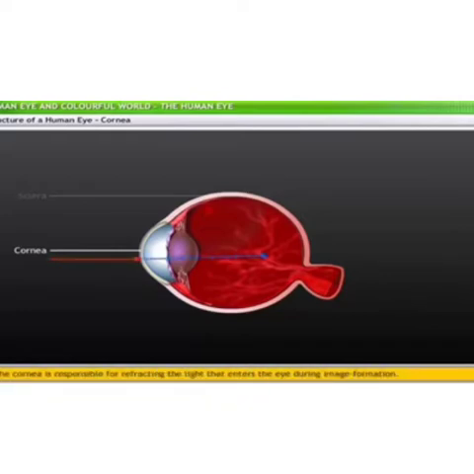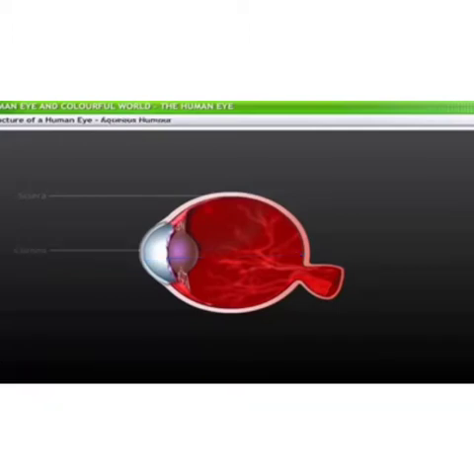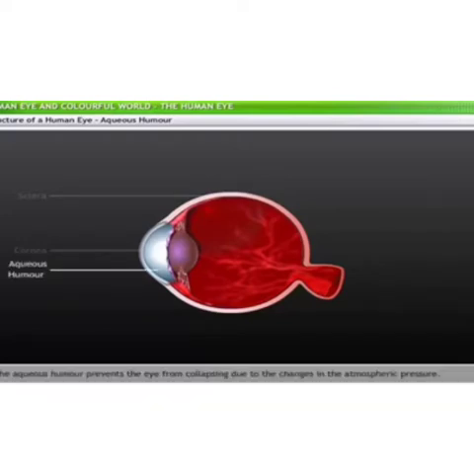The cornea refracts the light that enters the eye. Behind the cornea lies a jelly-like substance called the aqueous humor. It enables the eye to cope with the changes in the atmospheric pressure.